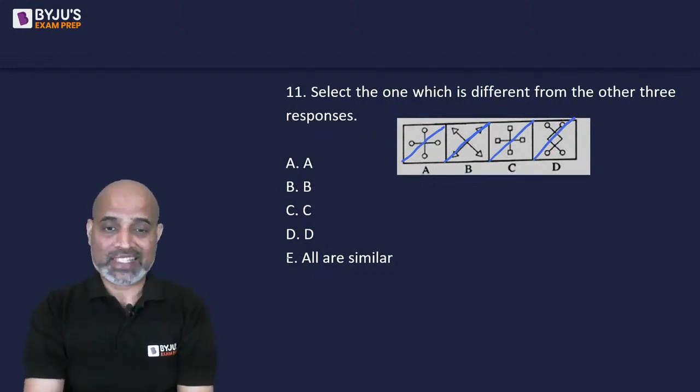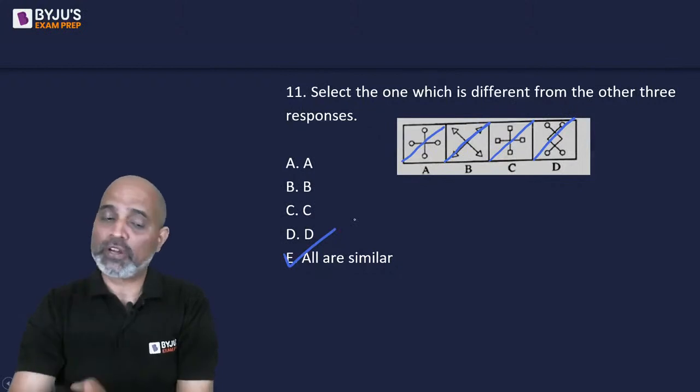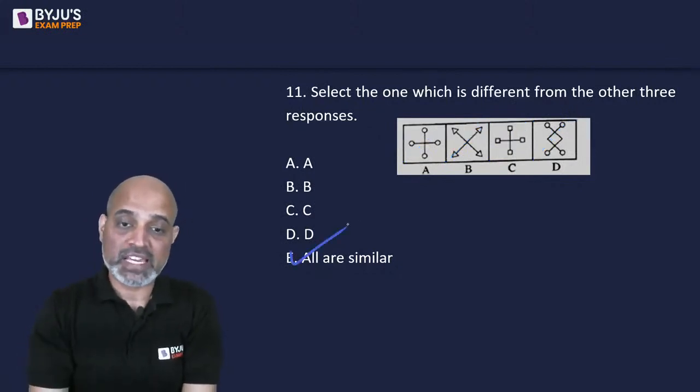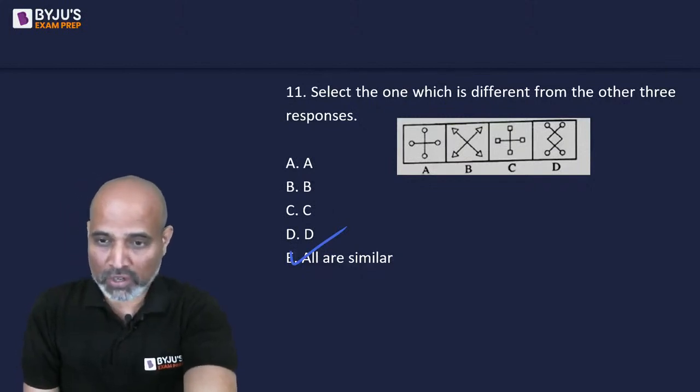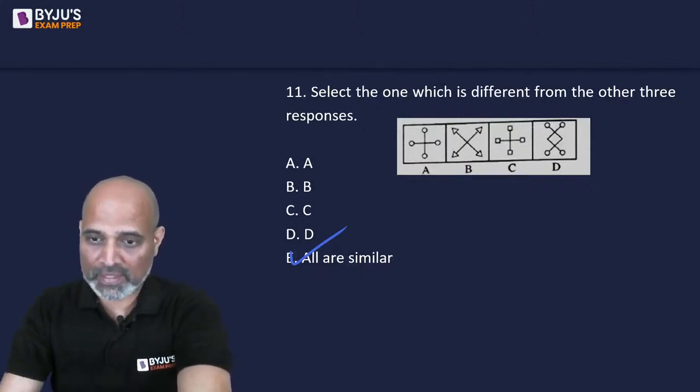So since all have the same number of axis of symmetry, the answer is going to be E and not D. Now let me see what all logic you guys are giving.